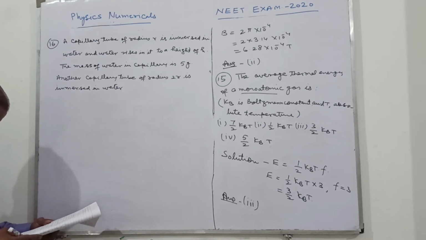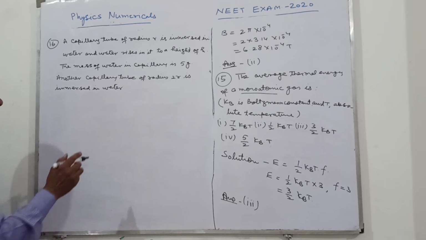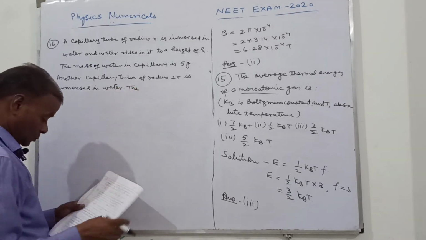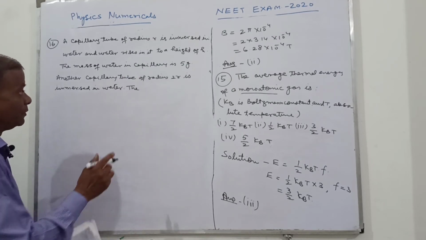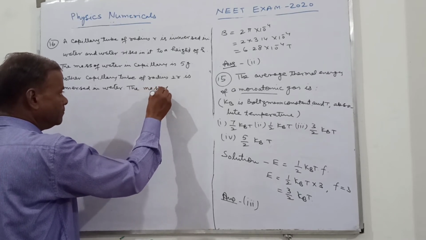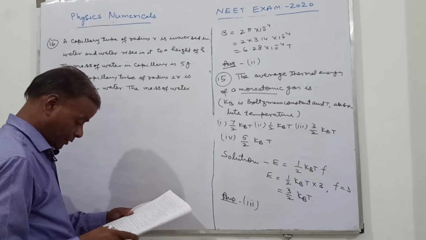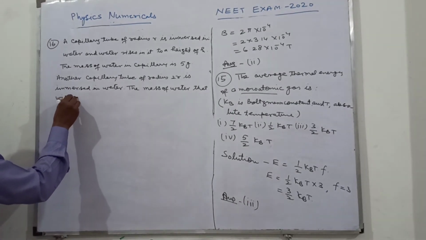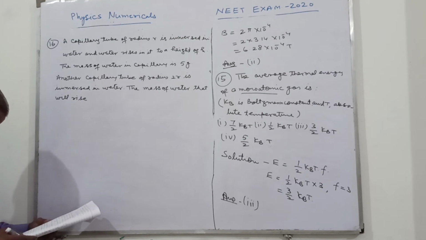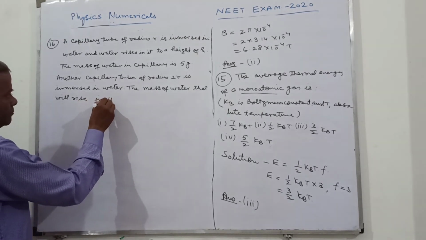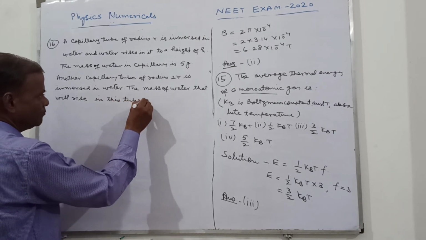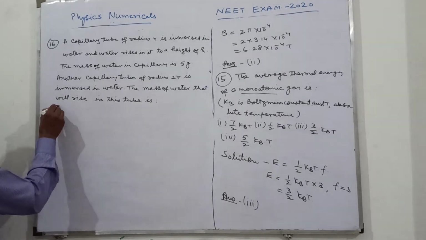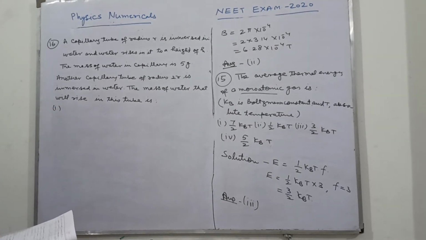The mass of the water that will rise in this tube is: number 1, 20 gram.